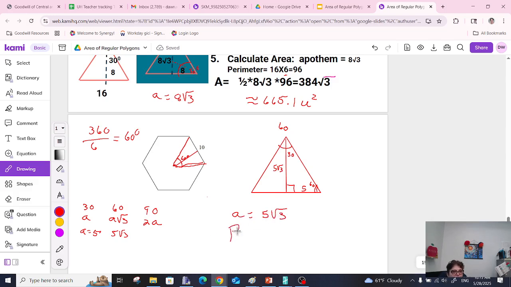How do I find perimeter? 10 times 6, which is 60. And now I can apply the formula. I have apothem. I have perimeter. So area is equal to 1/2 times apothem times perimeter.